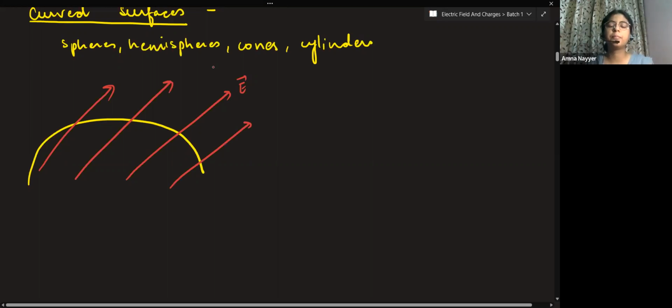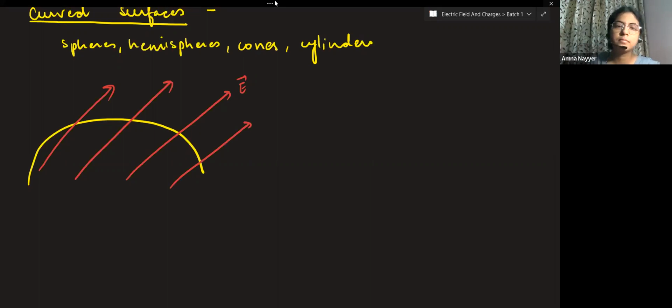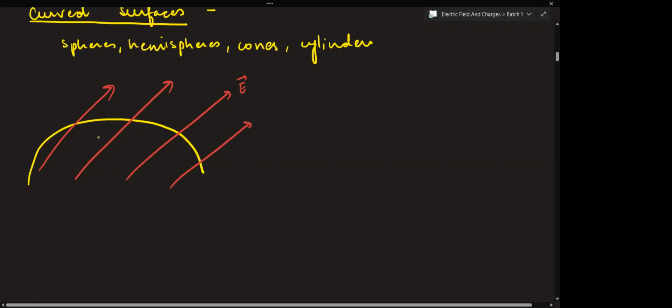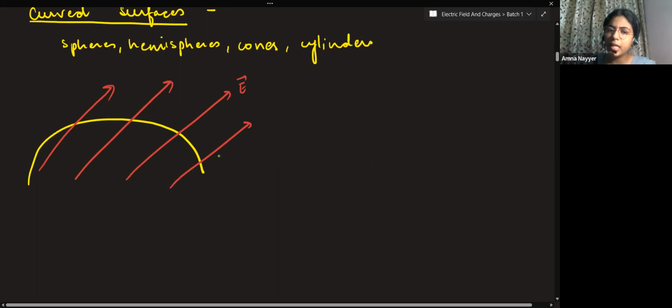The first step, draw the area vector. How do we draw the area vector? We just drop a perpendicular. So let's say this is the surface and the perpendicular to it will be somewhat like this. So this will be the electric field, this will be the area vector, and this is the angle theta that we'll be considering.